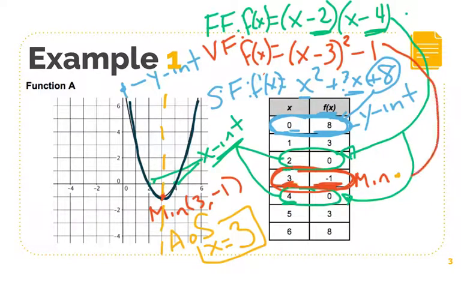That your vertex form is connected to your vertex. And that standard form, and I already have that arrow, so luckily I don't have to make it too much messier, that your standard form always has the constant term, the one without the variable, matching your y-intercept. Okay, so you might have to play that one again. We did a lot of work there.